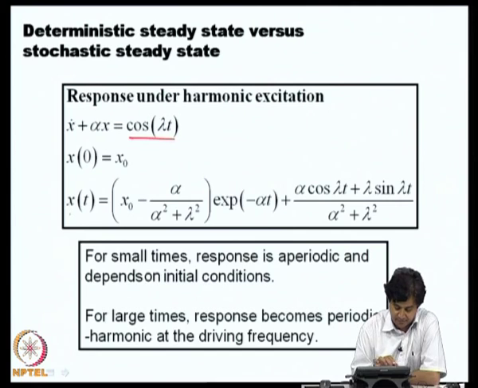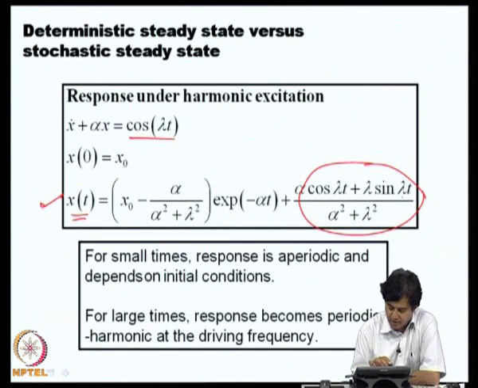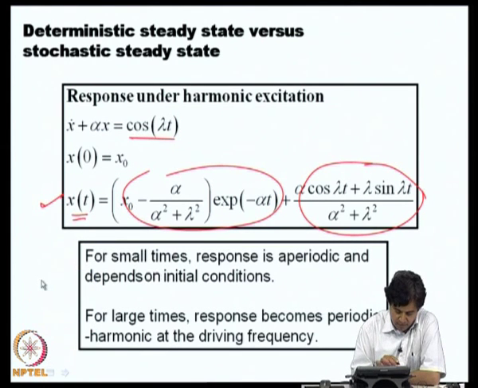This is deterministic. So, here again if you observe this expression, you will see that x of t is aperiodic because there is an exponential minus alpha t term. This part is still periodic, but this part is aperiodic. That means for small time the response is aperiodic and depends on initial condition, that the effect of x naught is still felt.